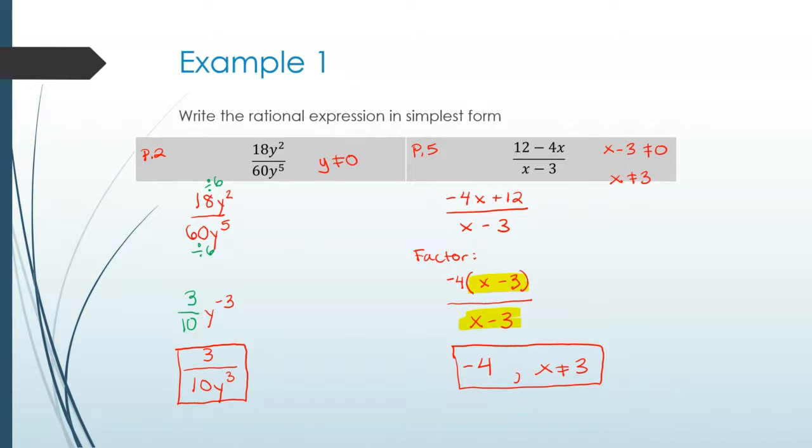Maybe it'll catch up with me. I don't even know where to start. Okay. Is it mostly the domain part you're confused about, or the actual simplifying part? Simplifying, I think I got. I think it's just the domain portions of it. Okay. When you get into your factors, how you said like the -4 and the x not equal to 3 and all that stuff. I think I'm understanding, but I'm just not sure how to formulate the question. So maybe if I see a few more of your examples, I may understand. Okay. I'll do another one, and then I'll check in again.